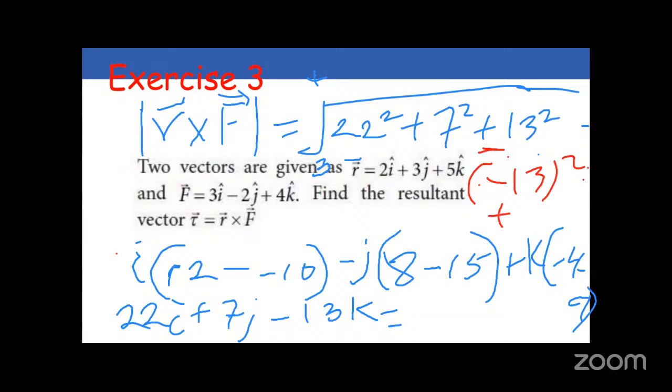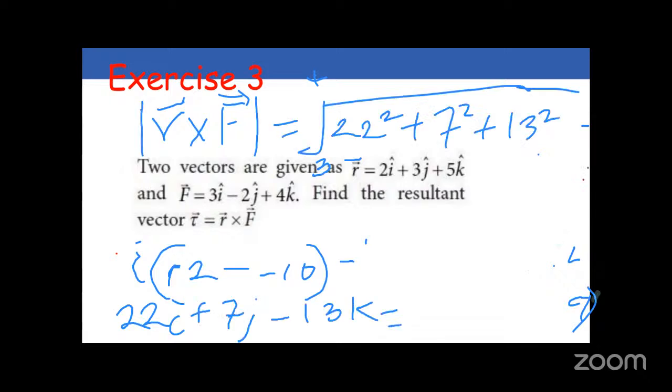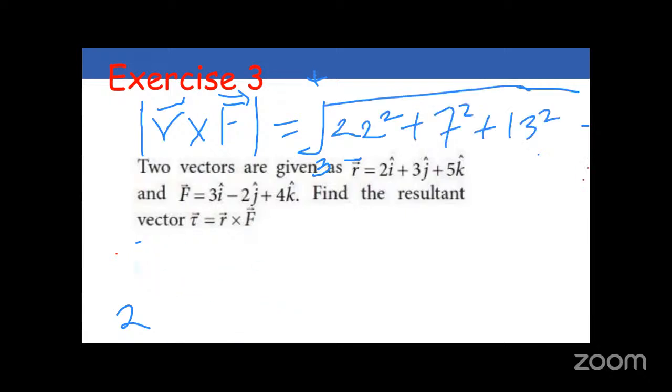So I expect you to use your calculator to simplify and then post the answer on the comment page. Let me see if you are correct. It's good to always participate.